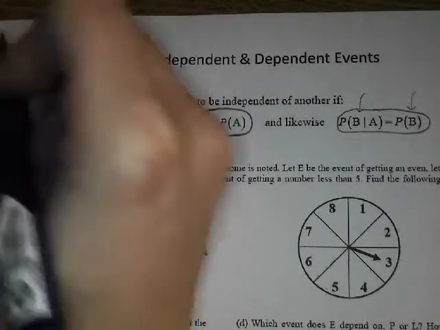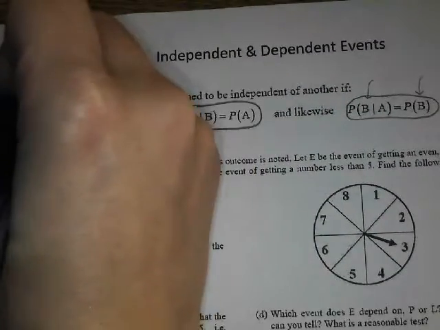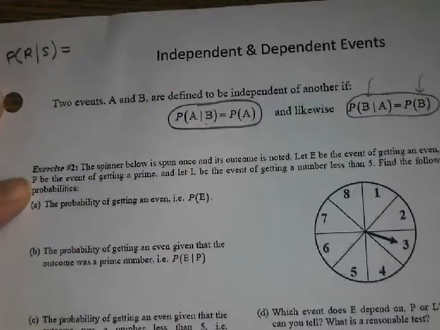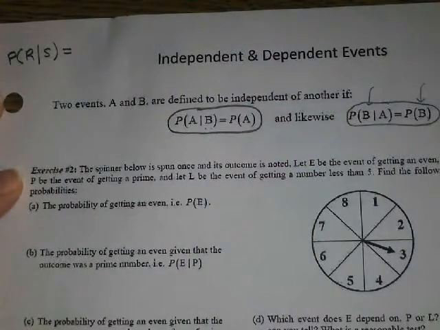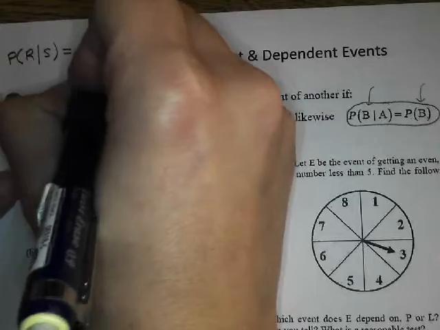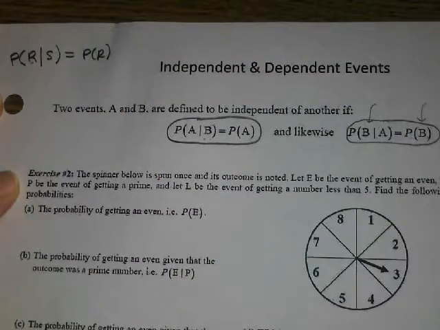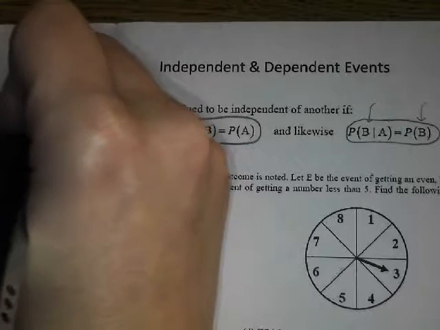If I just change my variables, if I look at the probability of R given S, what should that equal if it's going to be independent? Probability of R. It's always got to be that first letter, okay? I'll give one more chance.